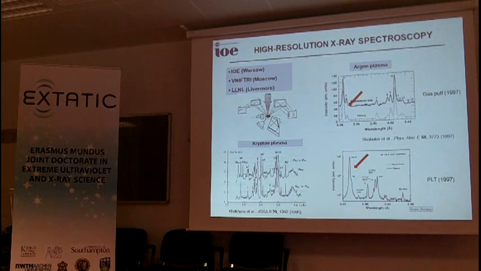For instance, this is an example of the spectrum for argon plasma obtained with our very simple arrangement. At the same time, from the tokamak, they measured the same spectra, but you see that the resolution, even though this was made using very sophisticated spectroscopy equipment, was worse than in our case.